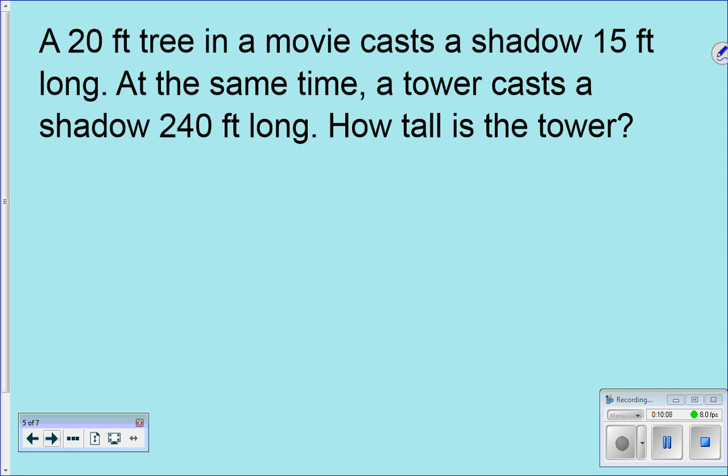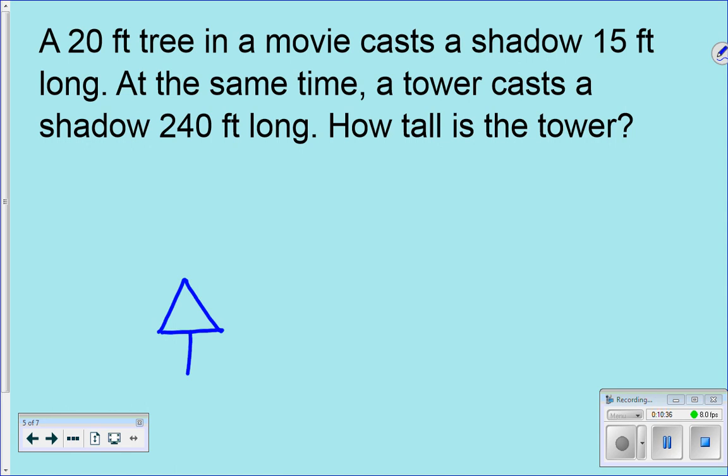Did you draw a picture? See, that's what you need to do. You need to draw a picture because you're confusing yourself. So your tree and the shadow. So it should be x over 240. You don't have to make it as detailed as art. Here, this is what I would do for a tree.